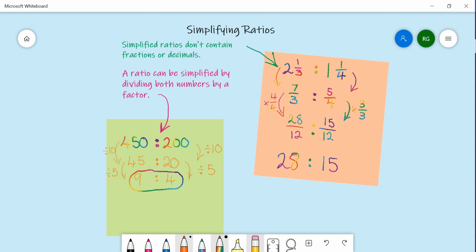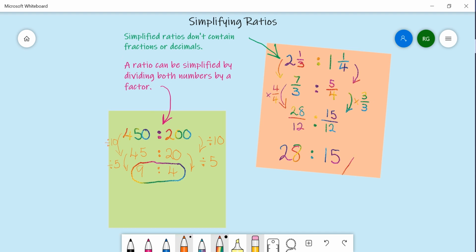That there is our simplified ratio from going from 2 1/3 and 1 1/4 into 28 to 15. Remembering that we need these to be in whole numbers and not include decimals or fractions.